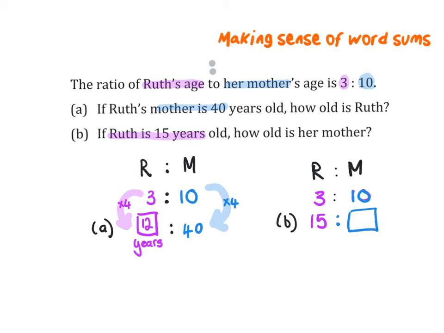To go from 3 to 15, I multiplied by 5. And remember that what you do on the left-hand side, you also have to do on the right-hand side. So on the other side, I also multiply by 5, which means her mom is 50 years old, while Ruth is 15 years old.